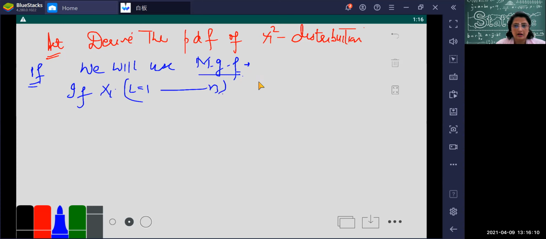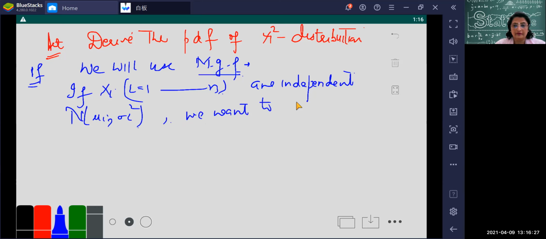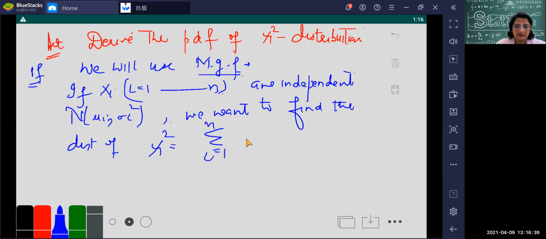So what we have given: xi, i equal to 1, 2, 3 and so on up to n, are independent and follow N(mu i, sigma i square), right? Now we want to find the distribution of chi-square. Chi-square is defined as the summation, i running from 1 to n, of ((xi minus mu i) upon sigma i) whole square.